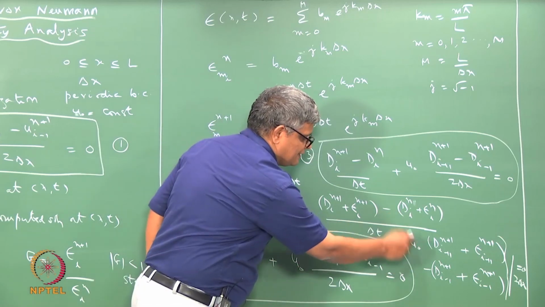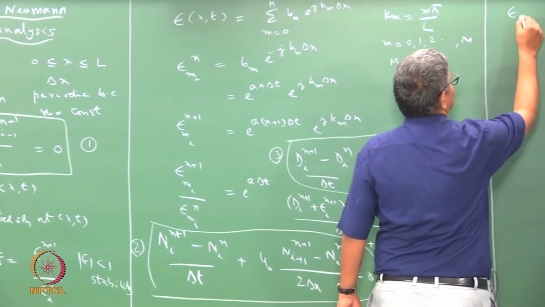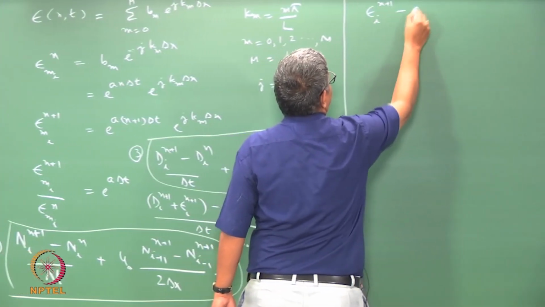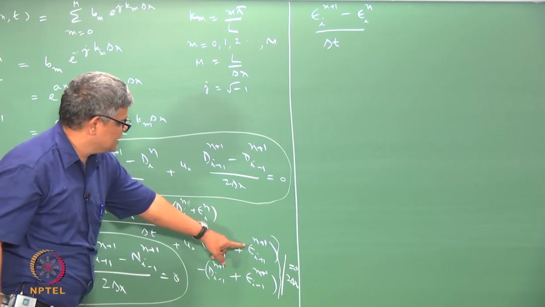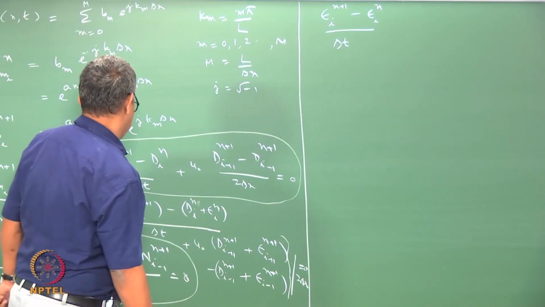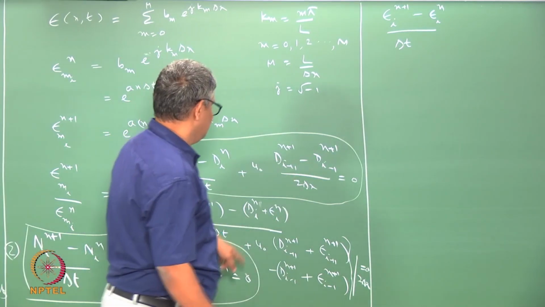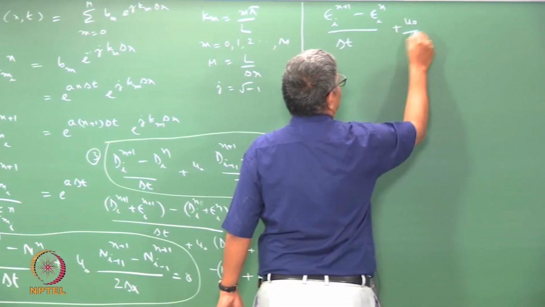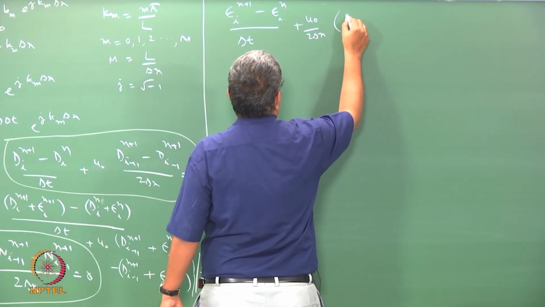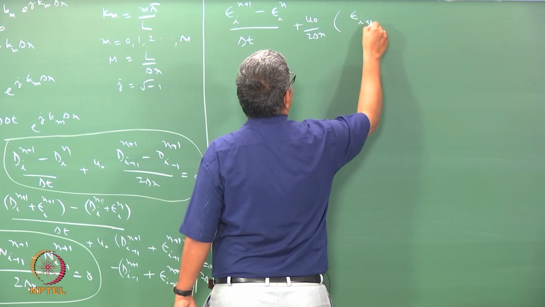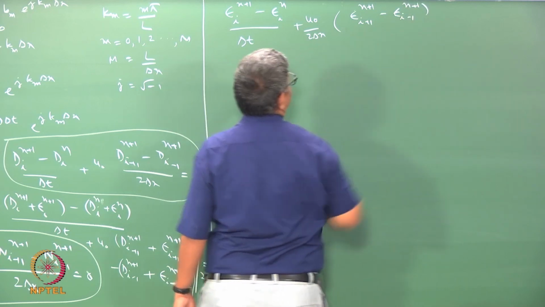And once we take out the D components, we will have an error evolution equation as epsilon i n plus 1 minus epsilon i n divided by delta t plus u naught by 2 delta x times epsilon i plus 1 n plus 1 minus epsilon i minus 1 n plus 1 equal to 0.